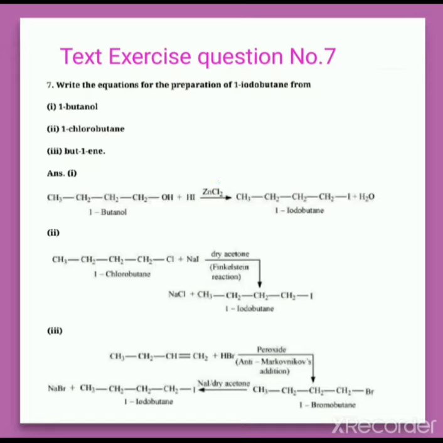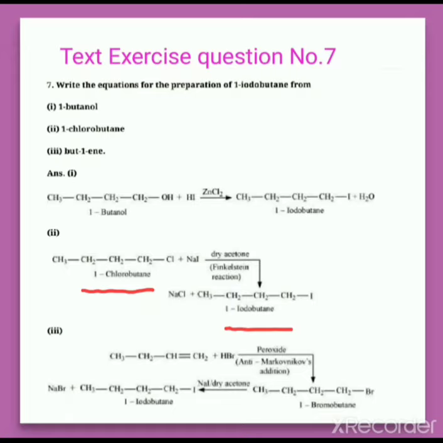Second part, 1-chlorobutane. That means our reactant is 1-chlorobutane and we need to prepare 1-iodobutane. So first of all, make the structure for both. This is 1-chlorobutane and this is 1-iodobutane. Look at the structures here. Carbon numbers are same, hydrogen numbers are same.